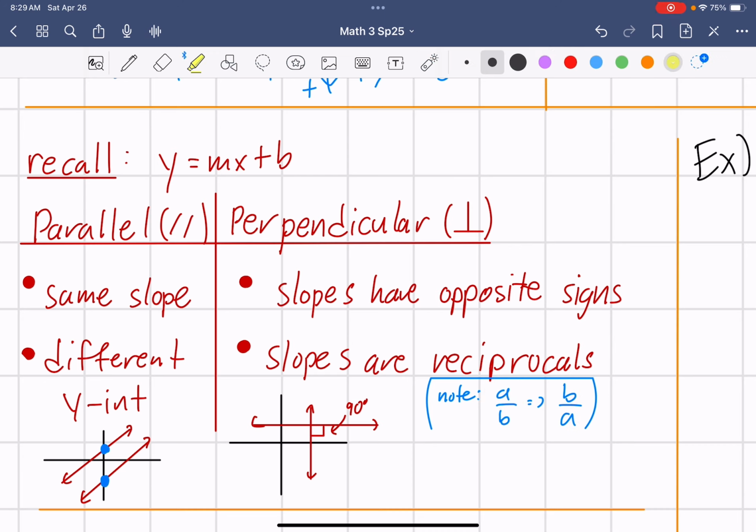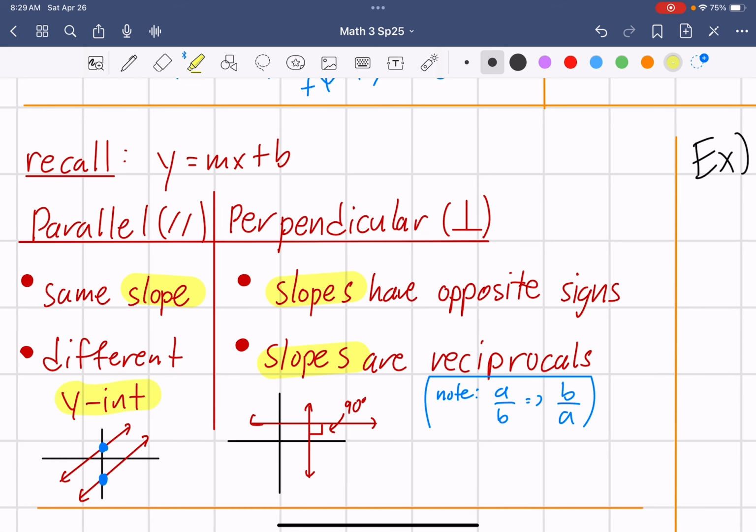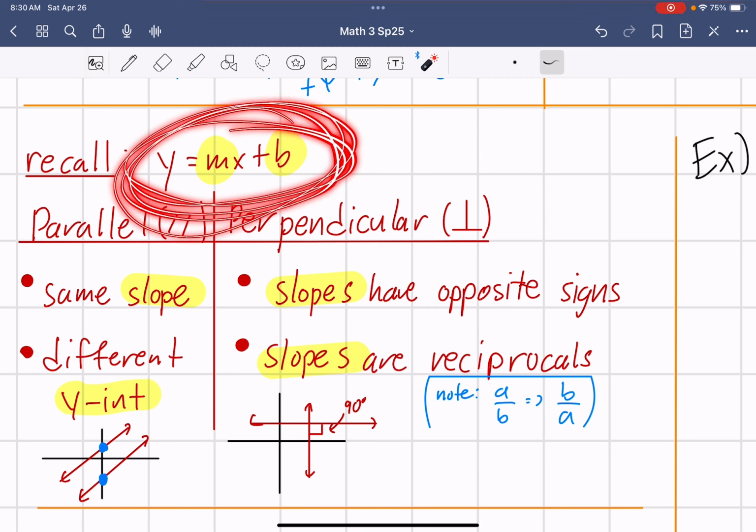So if you notice, in a lot of these, to be able to tell parallel and perpendicular, a huge thing is the slope and the y-intercept. Only if there was an equation that we can write that gives us the slope and the y-intercept perfectly. Hopefully you guessed it.